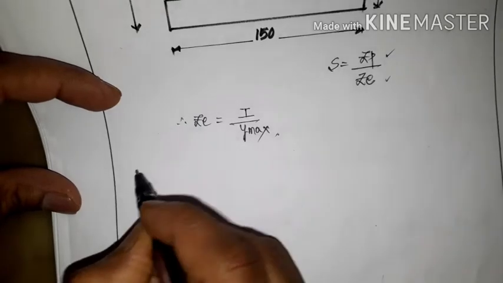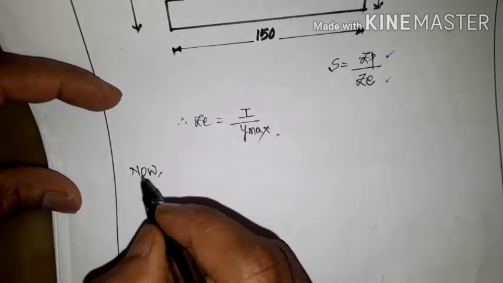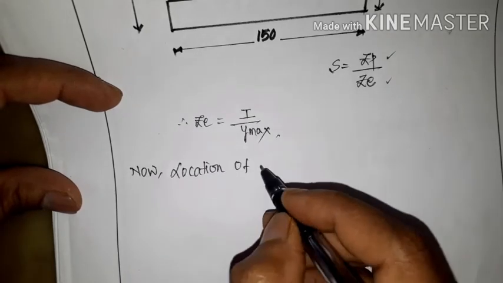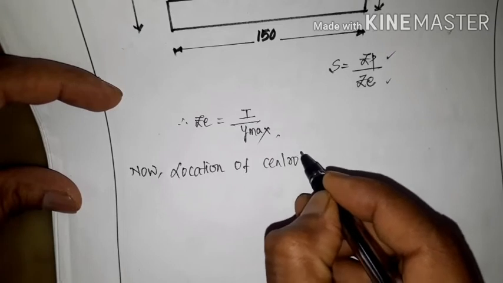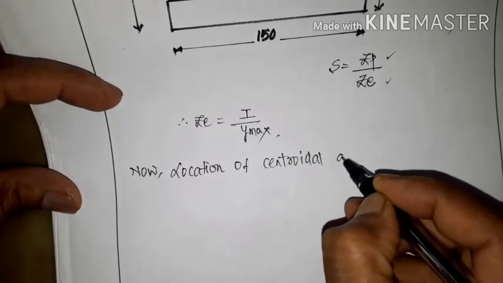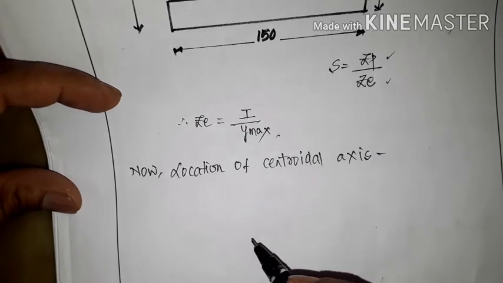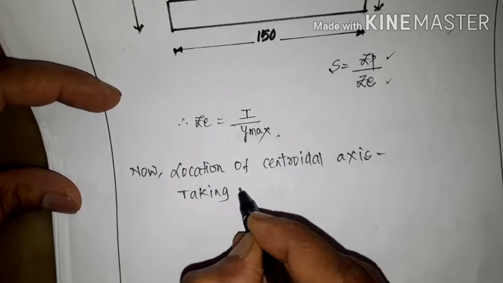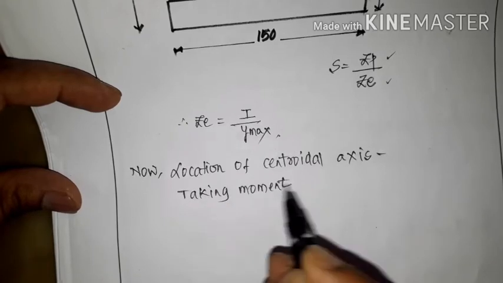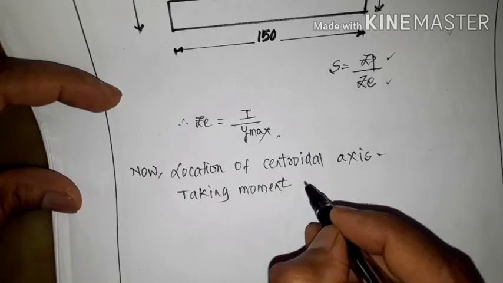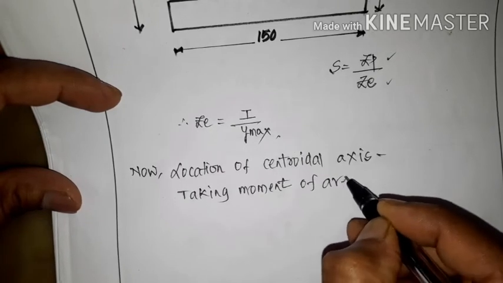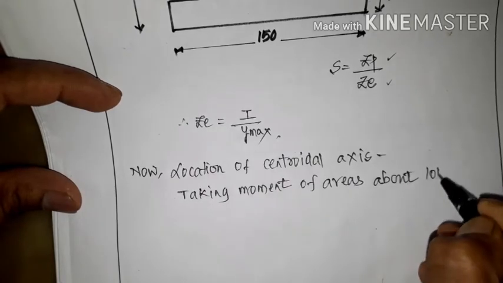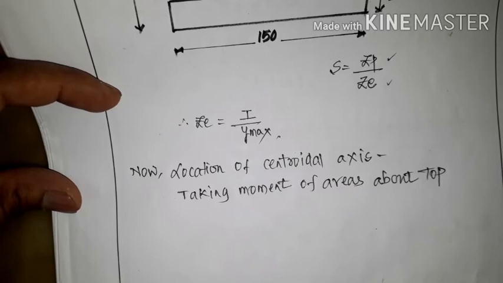So now, location of centroidal axis, taking moment of areas about top.